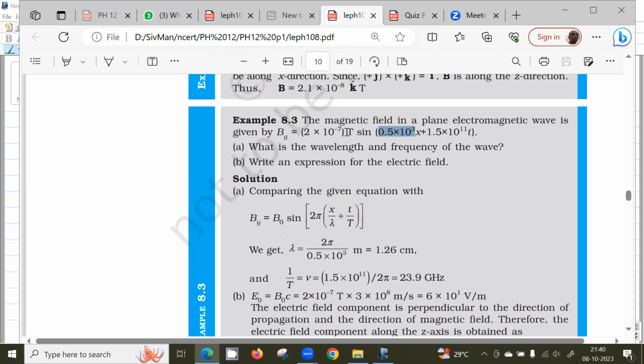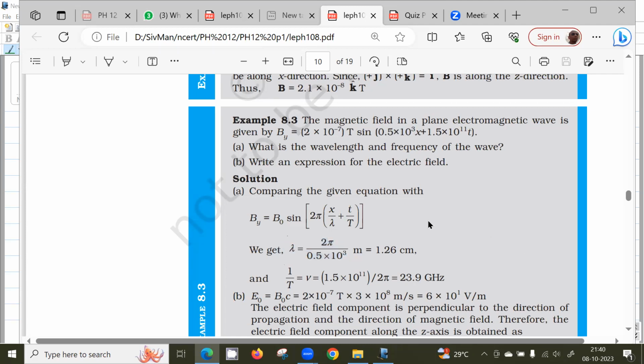You have to compare with this standard form. So lambda is 2 pi divided by 0.5 into 10 raised to 3. That's what they have done here. Is it clear?